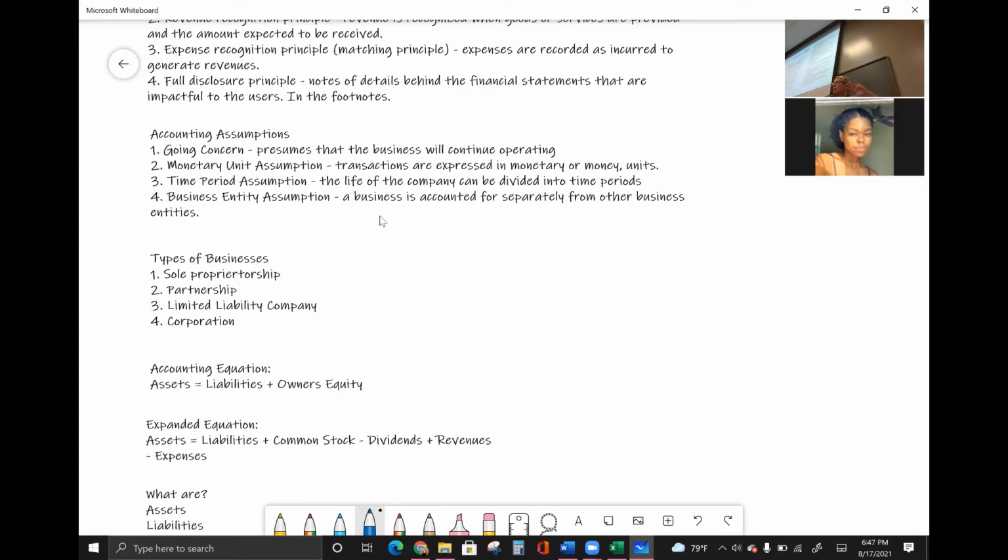You kind of limit the liability that you would have to bring onto you personally. It would be for the company. And the way you file your taxes and stuff is a little bit different for a limited liability company, but it can flow into your individual tax return if you're just a sole owner of a limited liability company. So there's some benefits to having that over just doing a sole proprietorship.